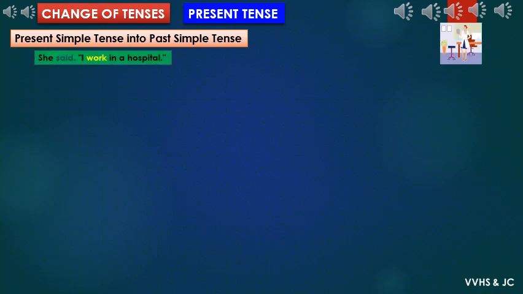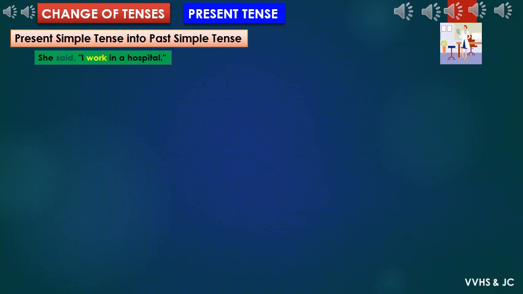The first example is, she said, I work in a hospital. Now what is the reporting verb here? Said. What is the tense of the reporting verb? Simple past tense. Now look at the quote or the reported speech. I work in a hospital.